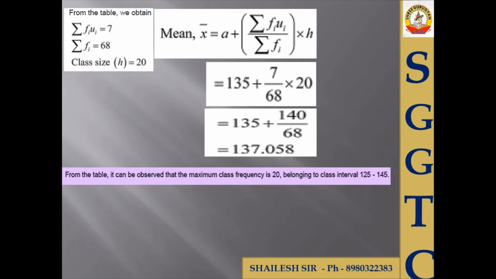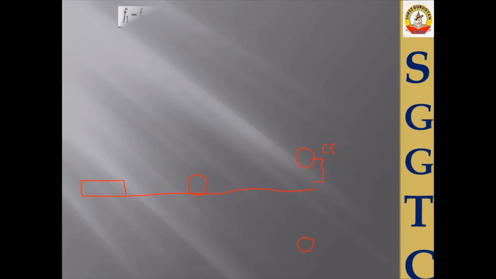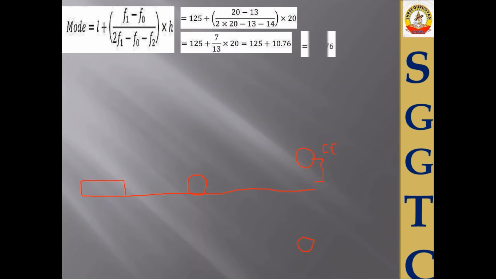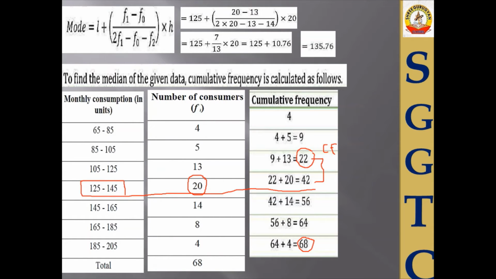Now I go further to find the maximum frequency class interval for the mode. It is 125 to 145, so the modal class is 125 to 145. The lower limit of the modal class is 125, class size 20, and look in the question: f1, f0, f2 are 20, 13 and 14 respectively. Apply all the values in the formula. For the median, follow that value, 68 by 2.